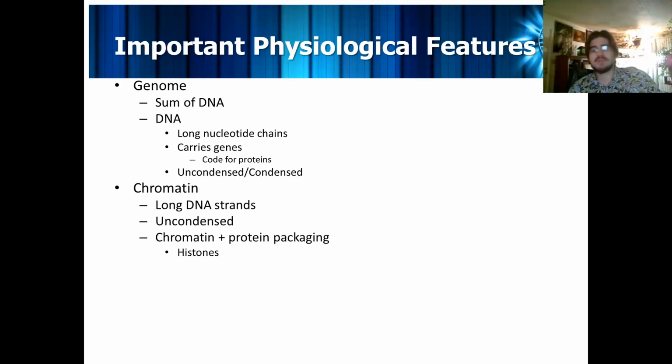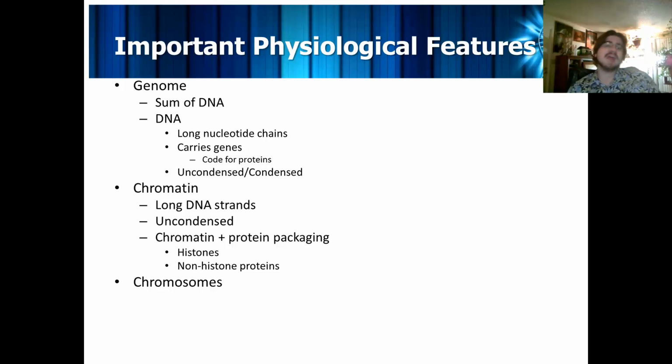So the protein packaging is what's creatively known as the histones and the non-histone proteins. So these are the proteins inside the nucleus. So the chromatin that you see is those long chains of DNA wrapped around histones and non-histone proteins, creating sort of these loose, ribbony packages.